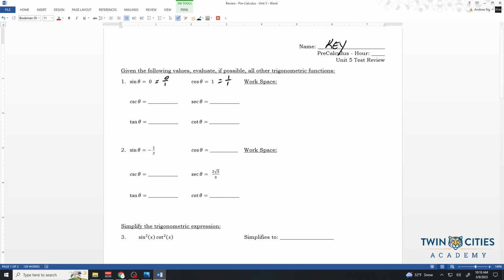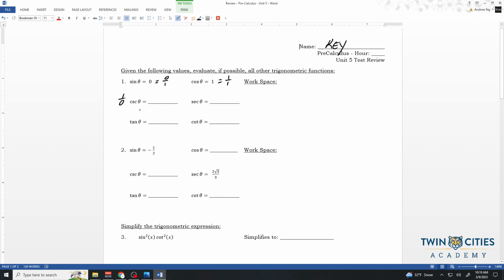And the reason for this is that sine and cosecant, these are reciprocals of each other. Meaning, if this is 0 over 1, then when I go to flip this upside down, cosecant would be 1 over 0. However, 1 over 0, I can't ever have a denominator of 0.